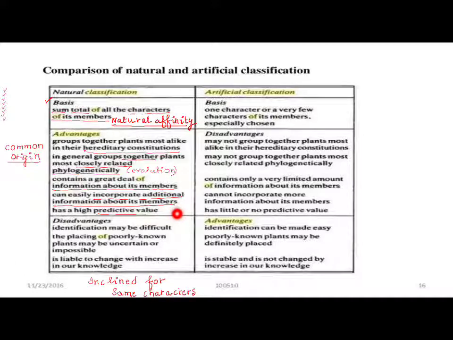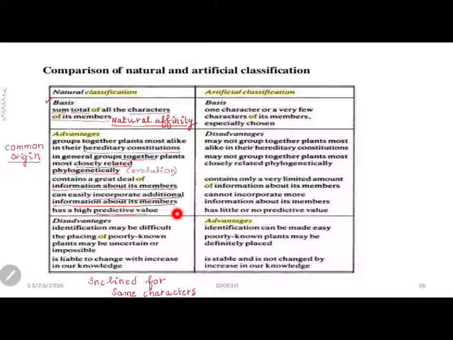If I have 100 people going on one road, and if the 101st person is from the same family as the 100 people, he is unlikely to go on another road. So my prediction is almost close to 100% because he would also go on the same road because he is following the path. Predictive value is very high.